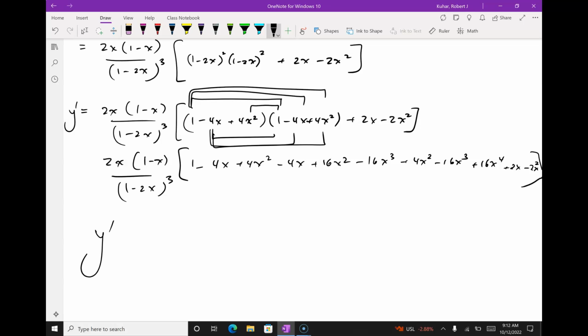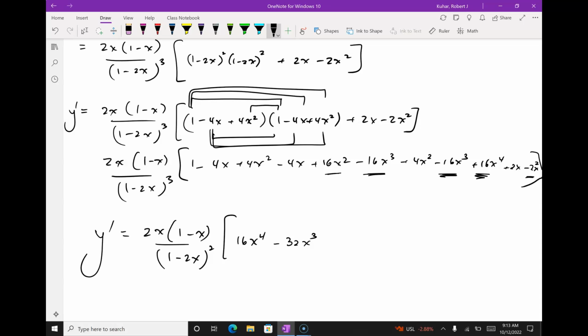So now I'm just going to try and combine like terms and see what happens. So it looks like I have a 16x to the fourth. I have minus 16x cubed, another minus 16x cubed, so that's minus 32x cubed. X squared, so minus 2x squared, 4x squared, 18x squared.